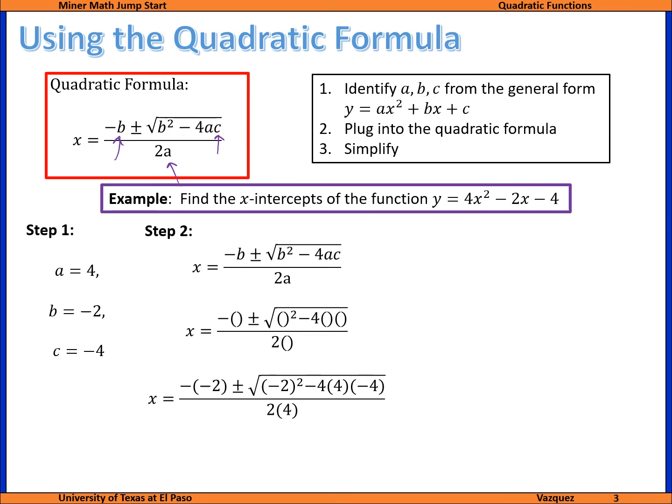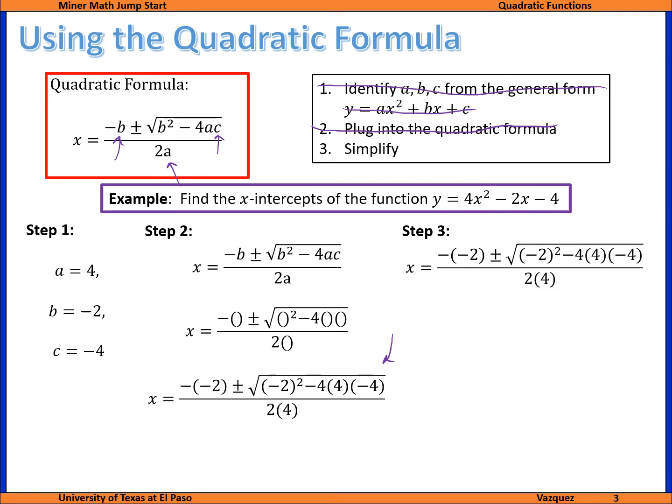Now we go ahead and simplify. This is plugging into the formula. This concludes step 2. So I'm going to cross out the skeleton. All that's left really is to simplify. So let's go ahead and calculate.